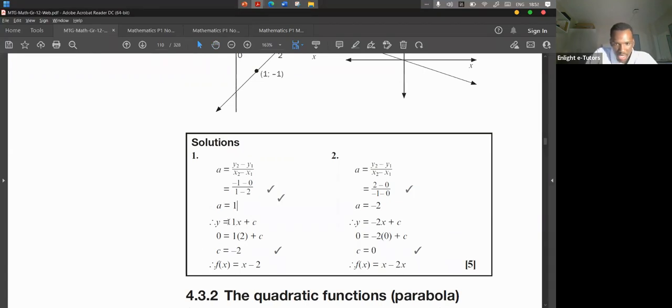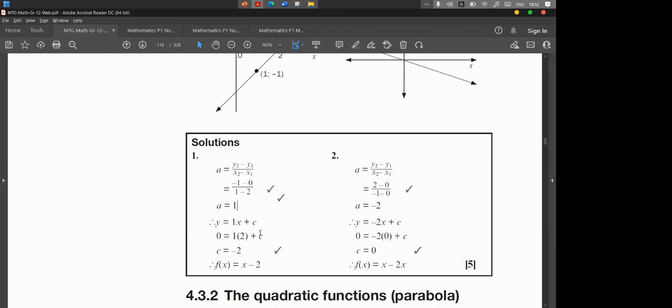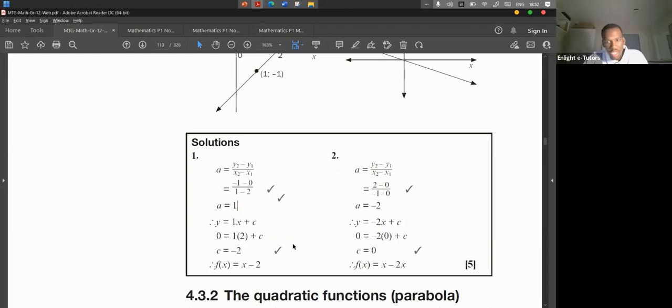Just put this one here, and then for the y-intercept, if you calculate the y-intercept, you let your x be 0. The y-intercept, x is 0.